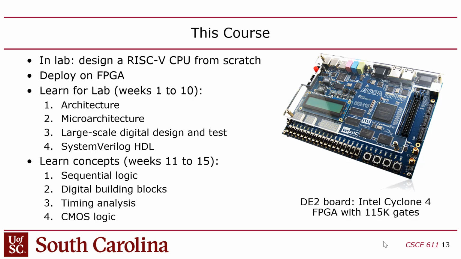Now you might say, wait a minute, if you can deploy any digital logic on an FPGA, then why would anybody build a custom chip? The FPGA is about 10 times slower in terms of its clock rate than an ASIC, and it has about 10 times less density in terms of number of gates per area, right? So if you want a really high performance chip, you have to design an ASIC.